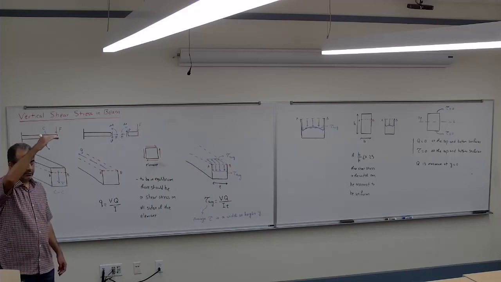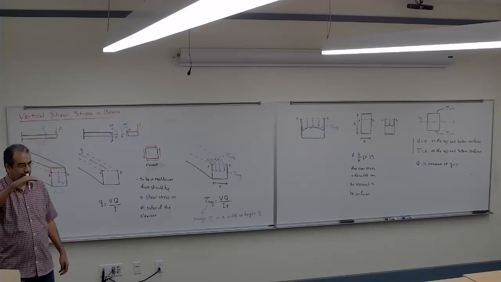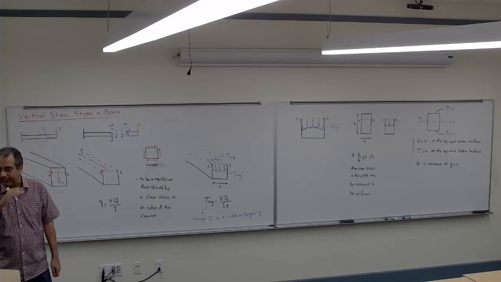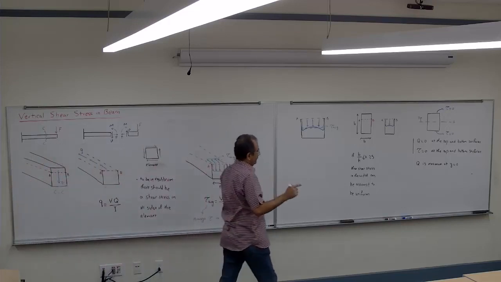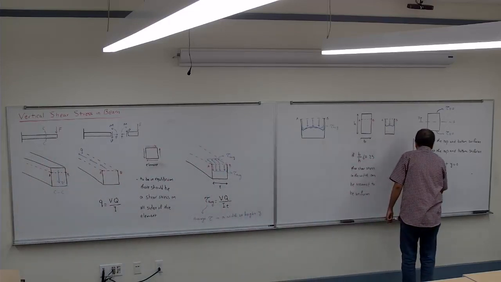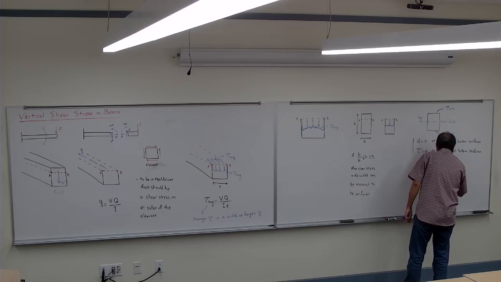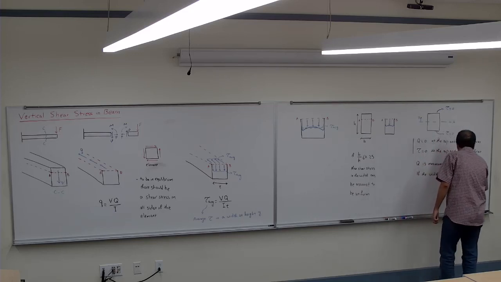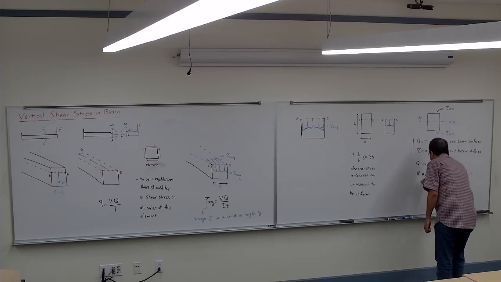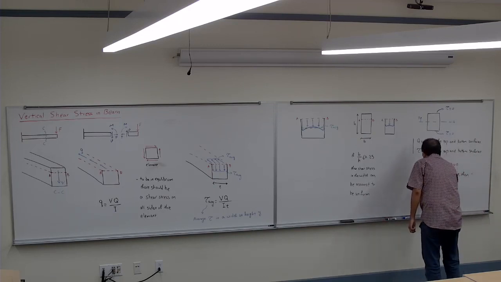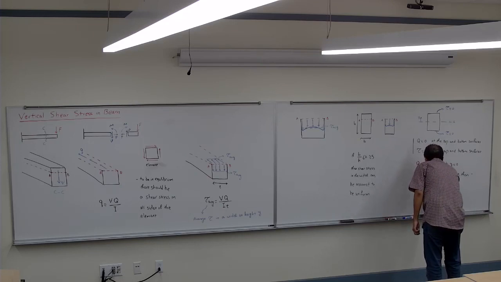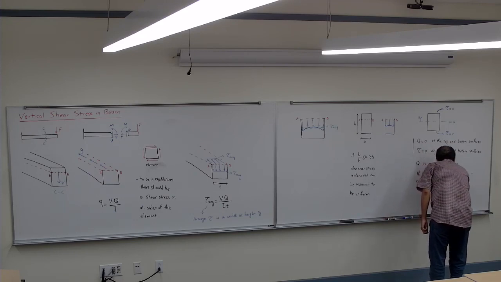So Q is 0 at the top, Q is 0 at the bottom, and maximum at the neutral axis. Okay? So if the width is constant, then tau is maximum at Y equals 0.